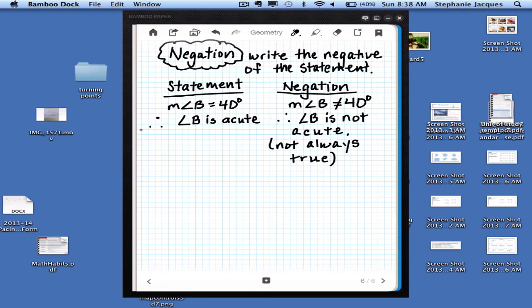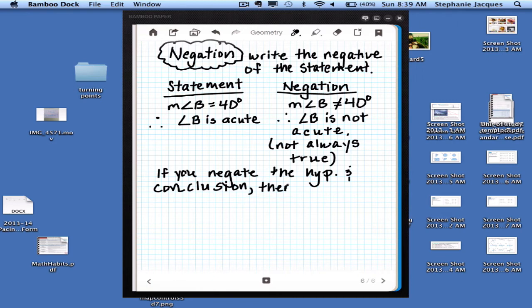So if we have a statement that we are going to negate, so if you negate the hypothesis and the conclusion, then you form something called an inverse.